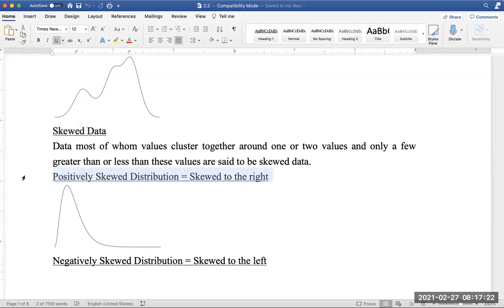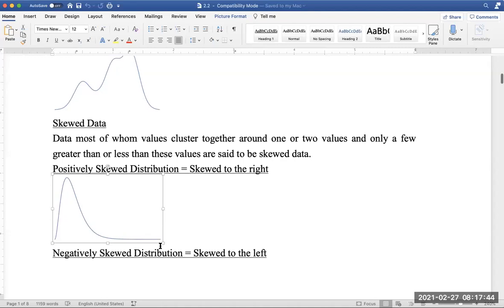Positively skewed distributions, distributions that are skewed to the right. If most of your data is small and some of your data is large, then we say that this distribution is skewed to the right, that it is positively skewed.